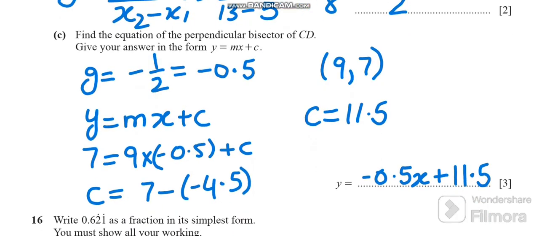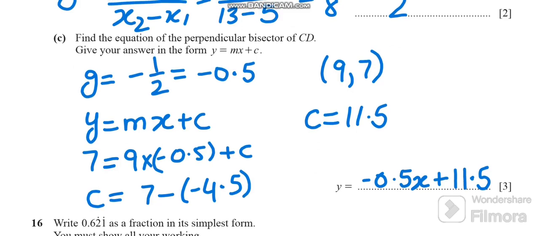Then we will use the equation y is equal to mx plus c. So y will be 7, x will be 9, and m will be minus 0.5. So 9 multiplied by minus 0.5 plus c.